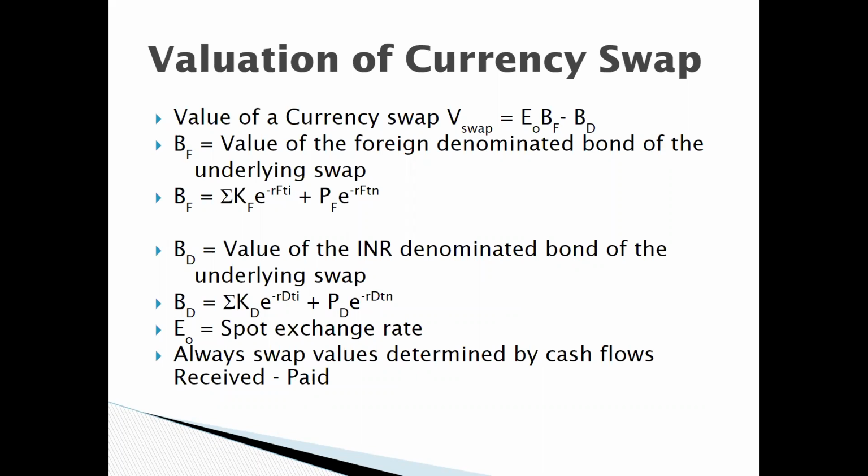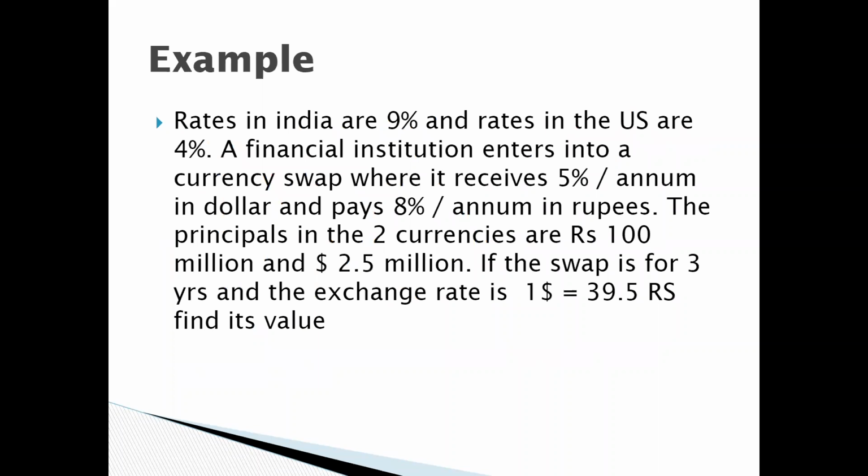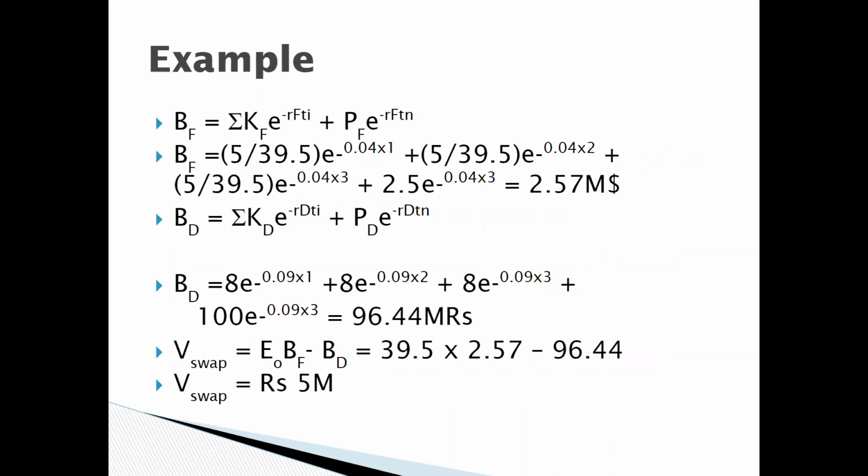One bond is in one currency, and the other bond is in a different currency, once again received minus paid. So we find the present value of the bond in one currency, the present value of the bond in the other currency, and always receive minus pay.